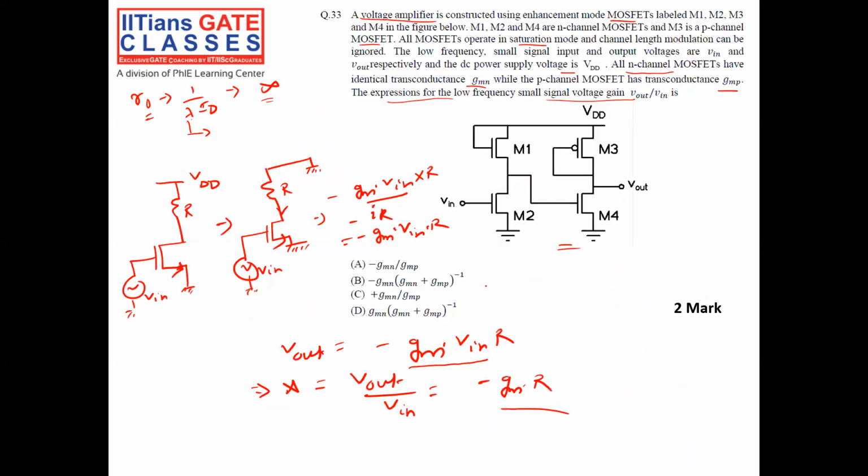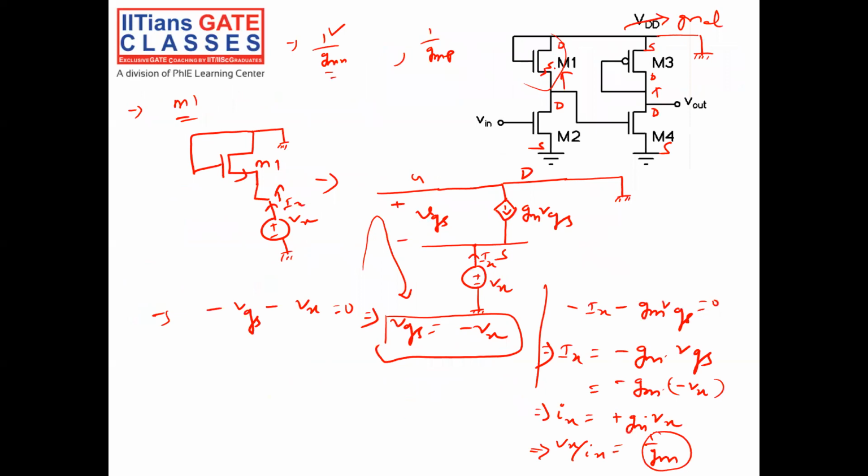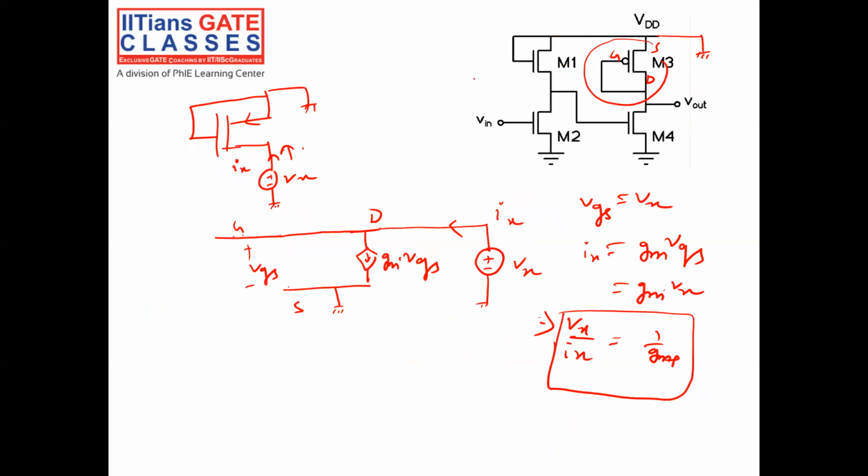So let us see the solution. What is the given? Gain will be option C, GMN by GMP. So it is a very easy question. First thing is I have to know the gain of a common source amplifier is minus GMN times R. This is the first step. Second step is, if you know the resistance looking from the source is 1 by GMN and the resistance looking from the drain of M3 is 1 by GMP, then in one step only I can get the answer.